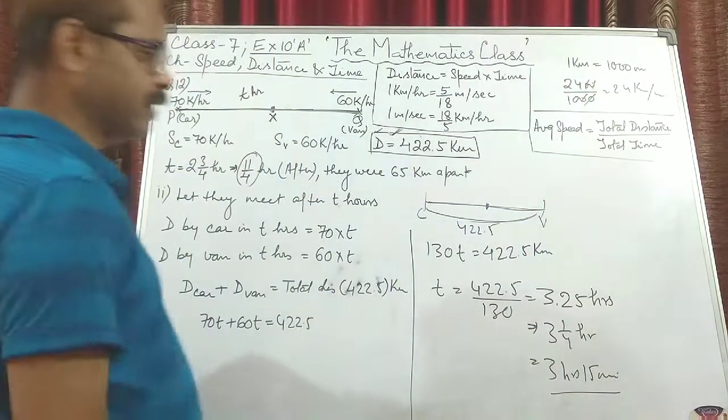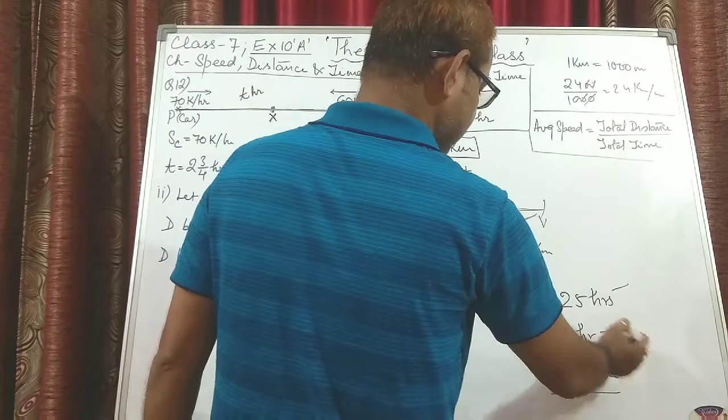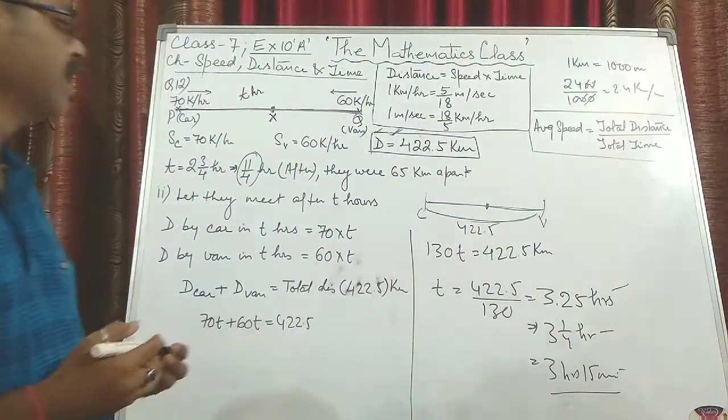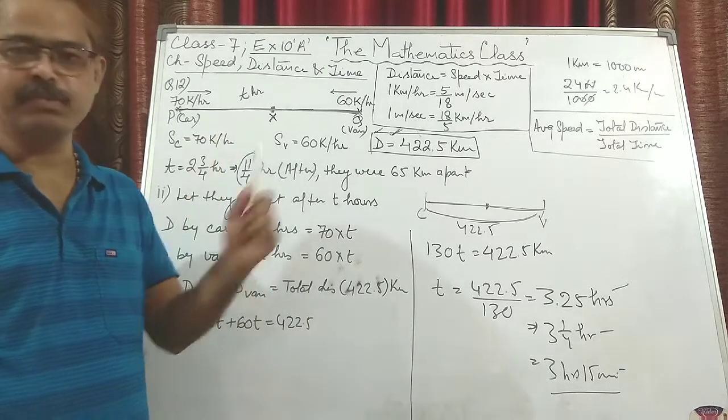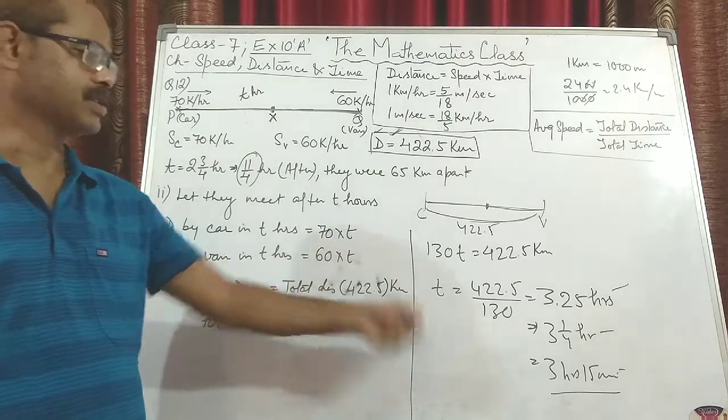That is the final value. Either of these can be considered as the time taken by both the vehicles to meet each other.